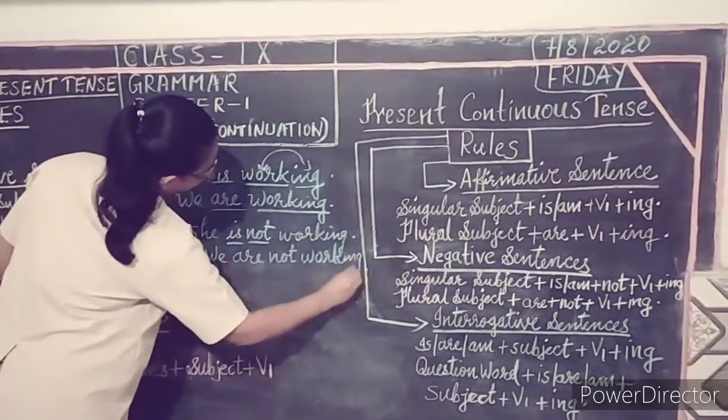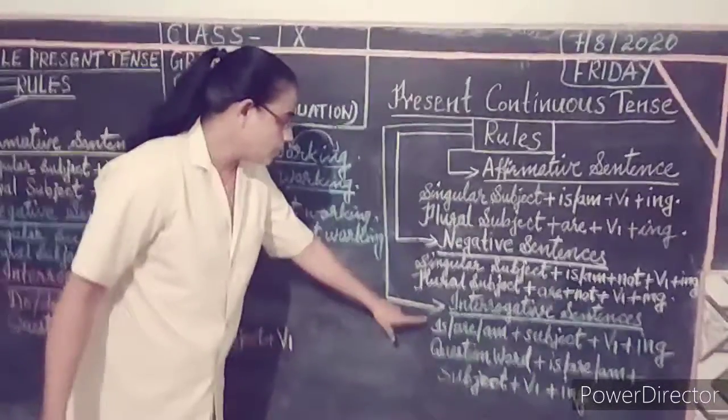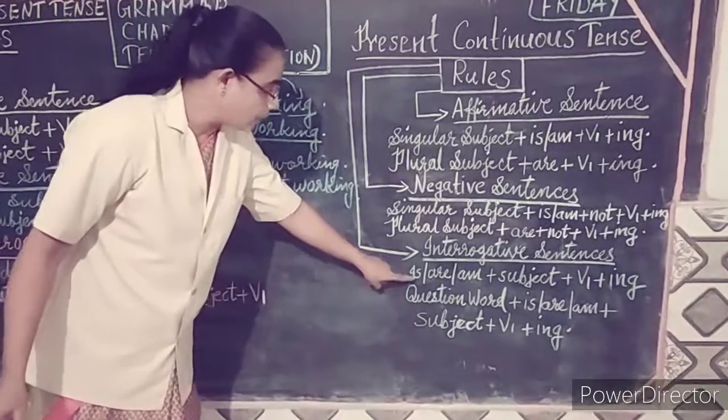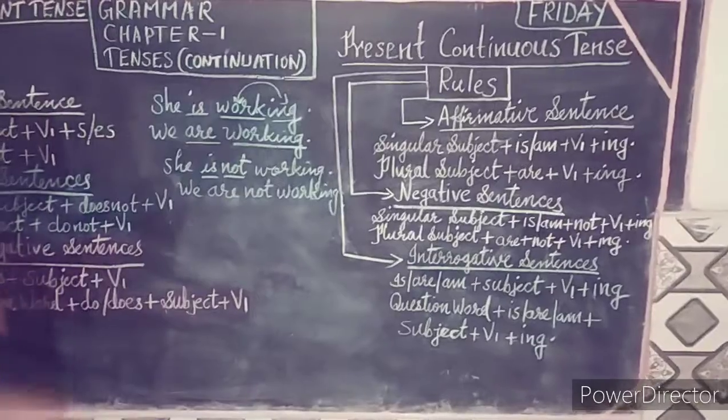What about interrogative sentences? In interrogative sentences, we can use the word is, are or am as per the subject along with the verb 1 and ing.